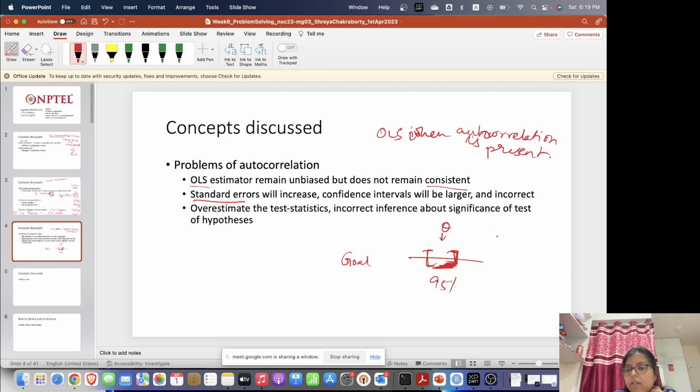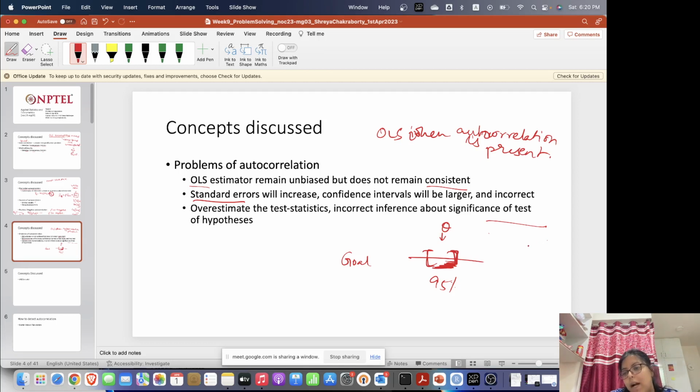If you remember, whenever we were constructing a confidence interval, it would be constructed around some mean and standard error. This is just for representative purposes, this is not always the form, but you understood: some expected value plus minus some form of the standard error.